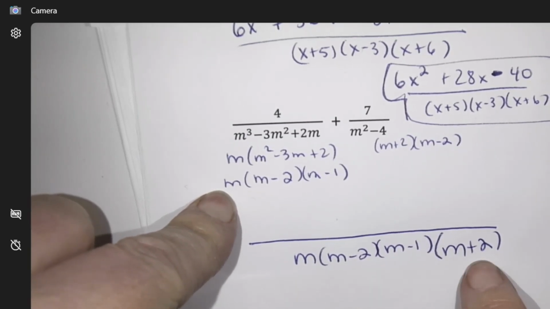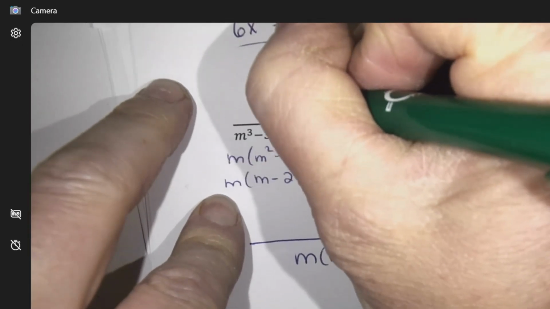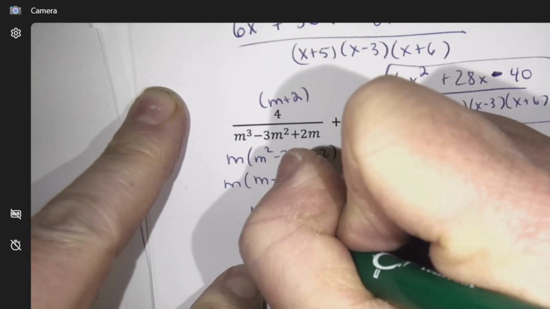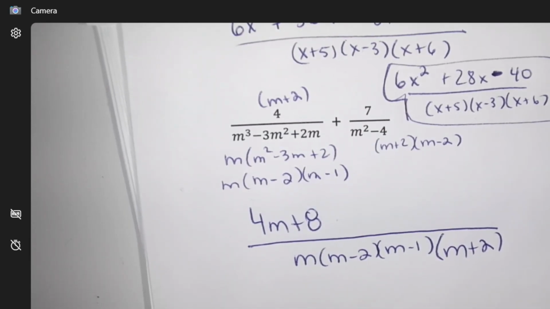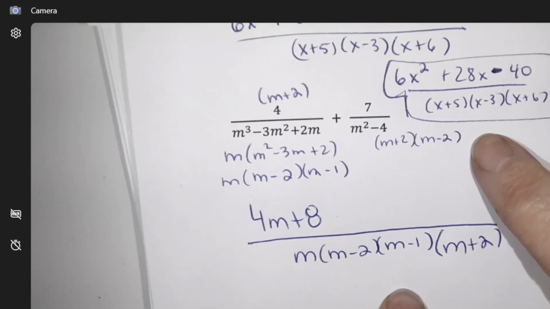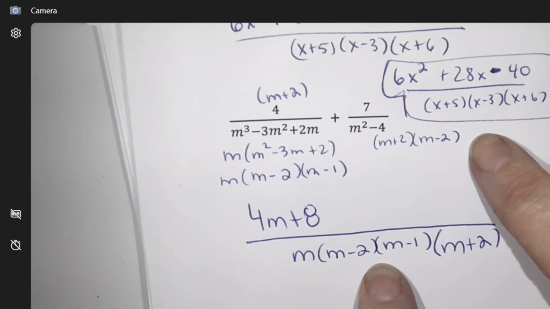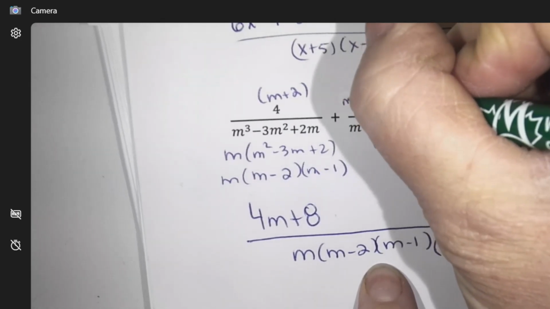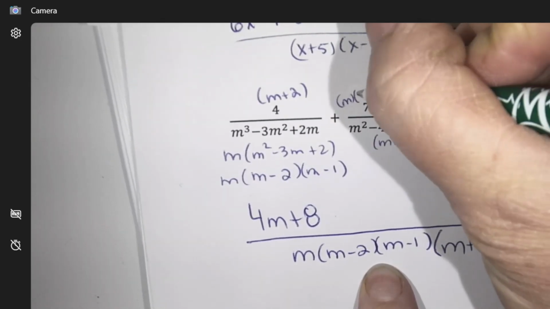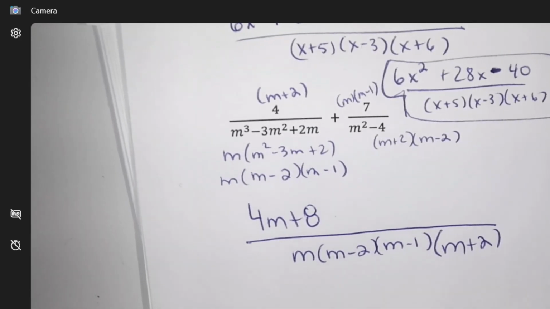The change was the m plus 2. Bottom, new bottom, so we have two things that changed, which is an m and an m minus 1.